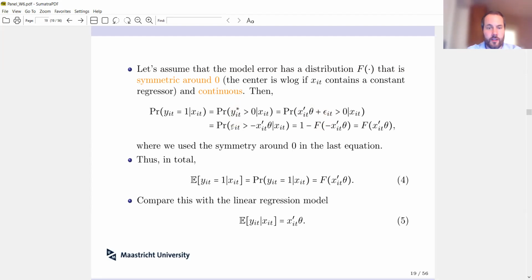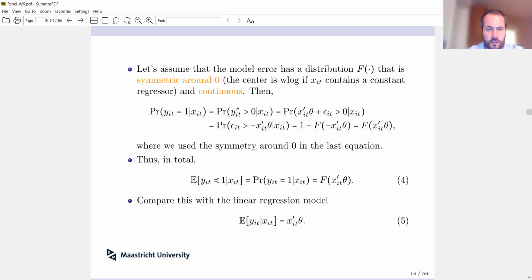Here we simply take epsilon to one of the sides. Then this is just the definition of the CDF: the probability of being bigger than some number is 1 minus the CDF at that number. And because this is symmetric around 0, this is the same thing as this. So in total, what we get is the conditional expectation of y being 1.